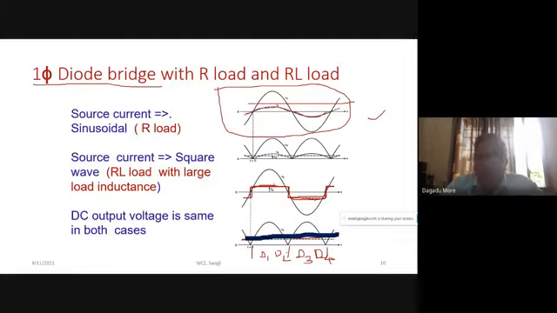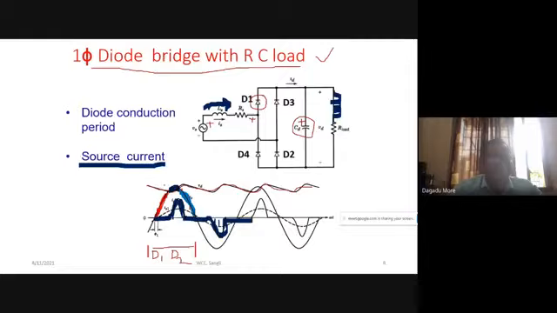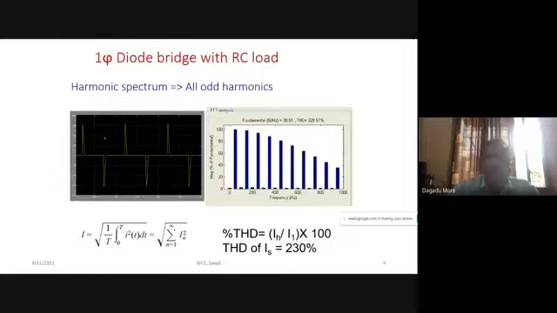What point I want to trace is that the source current of a single phase diode bridge depends upon the type of load on the rectifier. If the rectifier has R load, our source current will be sinusoidal. If we have spikes, particularly when the load is RC parallel, this type of current will appear.